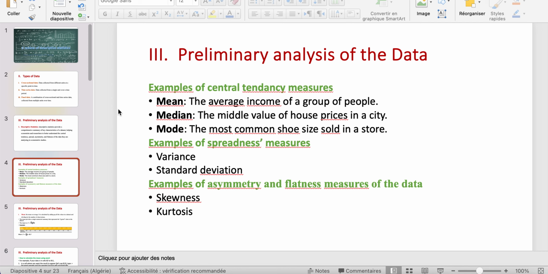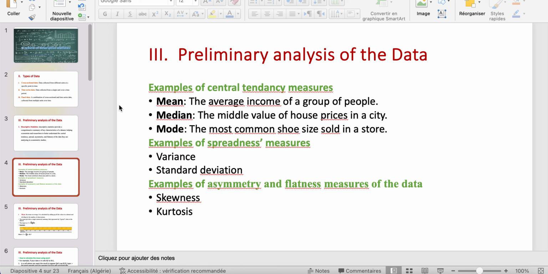So we calculate the median of these house price values, and we say that the price of a house in New York is, for example, $400,000.